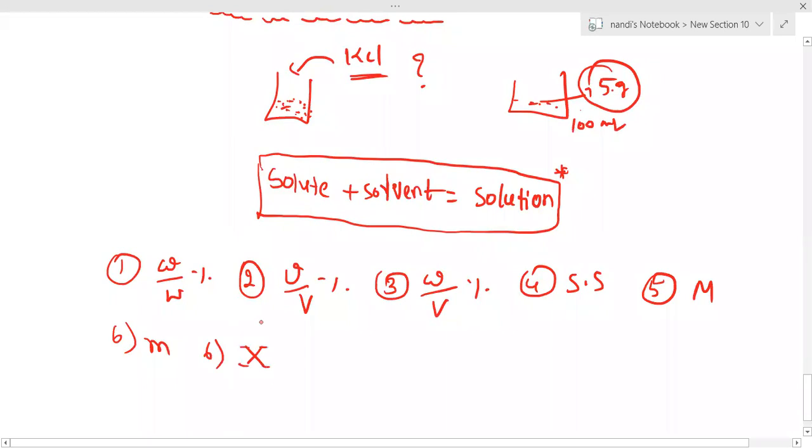But normality, I'm not going to discuss right now. At least I will give the formula of normality. These are the concentration methods.